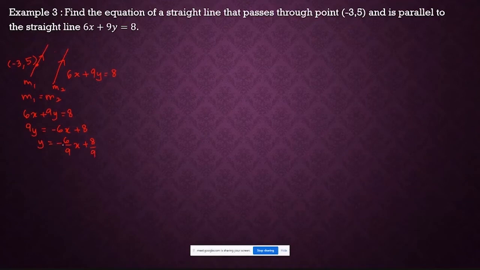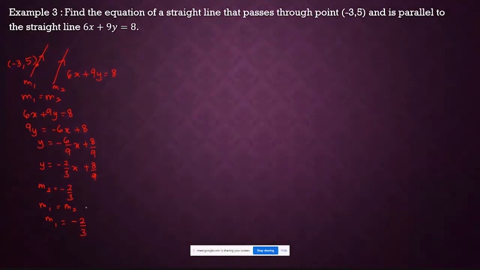Check the numbers 6 and 9, we have a common factor, we can divide by 3. So negative 2 over 3x plus 8 over 9. So the gradient M2 is negative 2 over 3. Since M1 is the same as M2, the gradient of the first line is also negative 2 over 3.